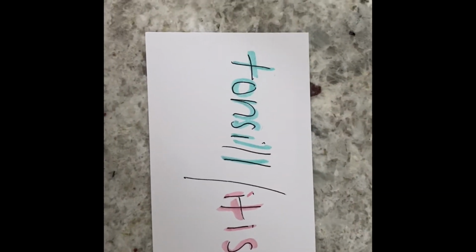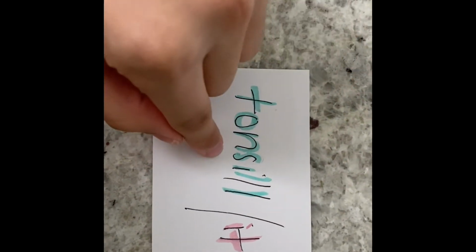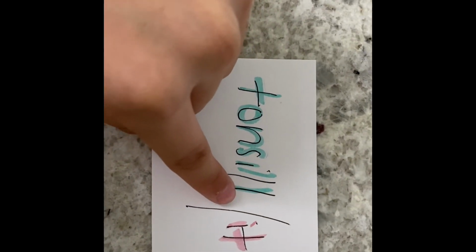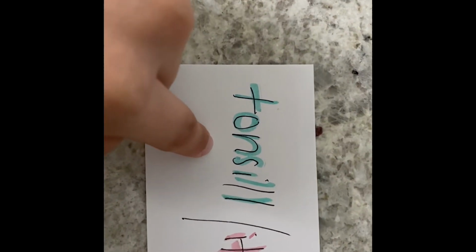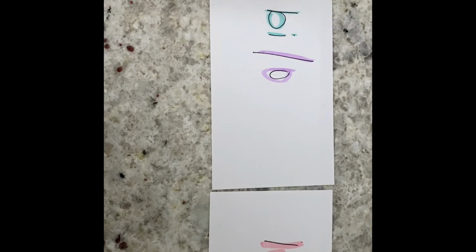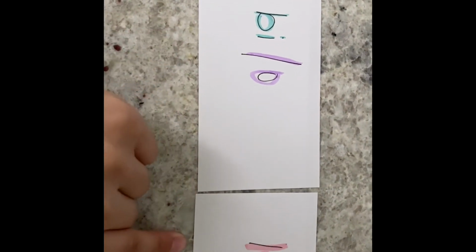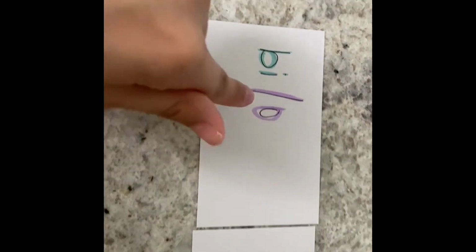Another example would be tonsillitis, which is broken down to tonsill, where the O is dropped and it becomes tonsillitis, which means the inflammation of tonsils. Another example would be biology, which means the study of life.